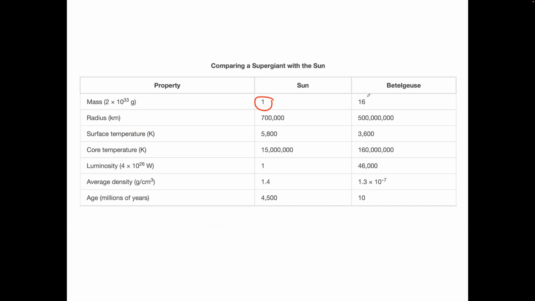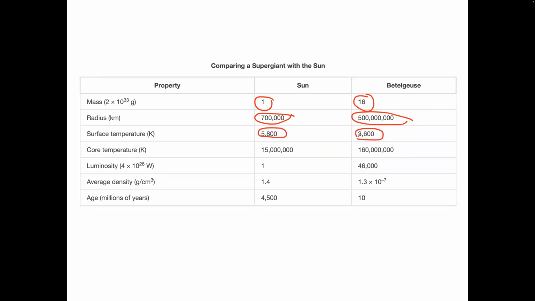Usually the mass of Betelgeuse is 16 solar masses. And if you look at the radius, it is 700,000 kilometers for the Sun, but the number is very large for Betelgeuse. And for the surface temperature, the Sun has a little bit higher surface temperature, so compared to the Sun, Betelgeuse is a little bit cooler.